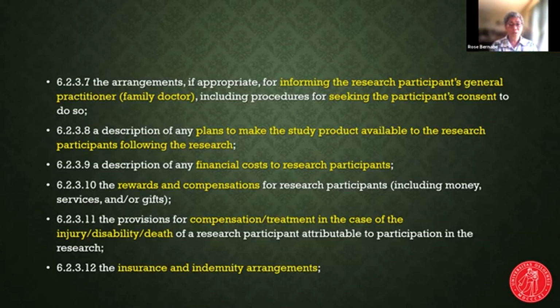Next, a description of any plans to make the study product available to the research participants following the research. We have mentioned this already a while ago. Especially in cases when it is necessary, but also when it is not as necessary.